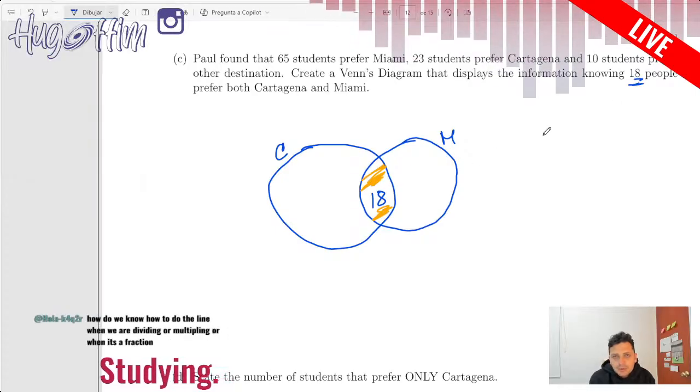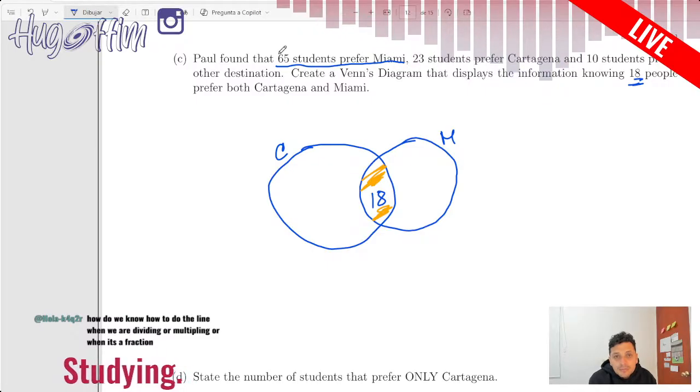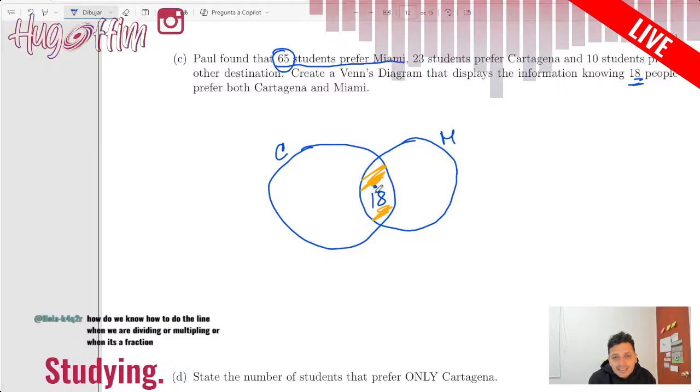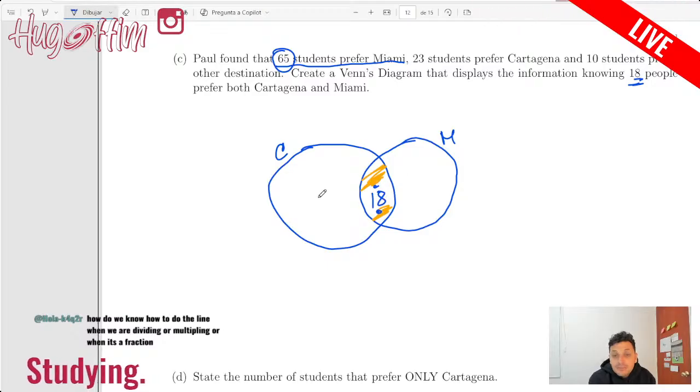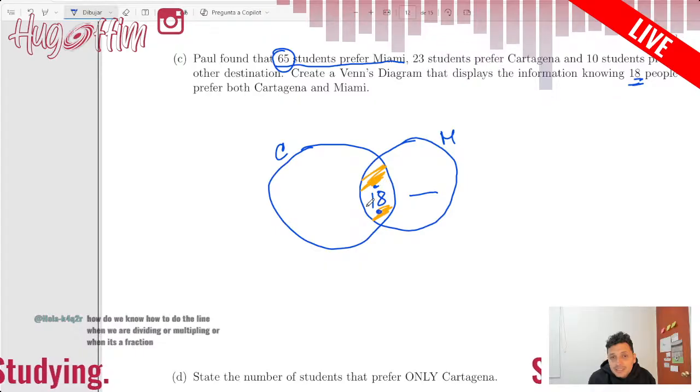The 18 people. Now, 65 students prefer Miami, but from these 65 students, 18 prefer Cartagena as well. So I need to put here a number that completes the 65 students.